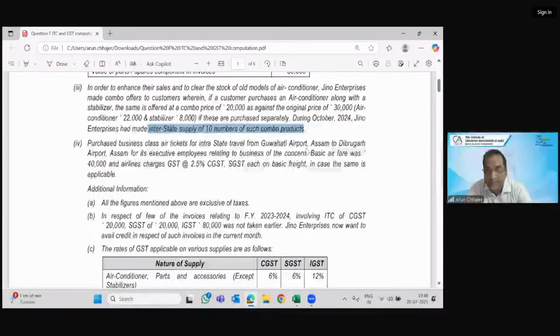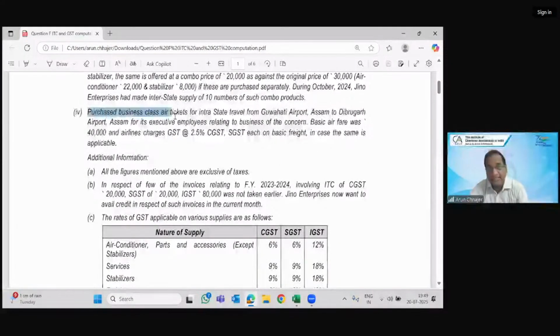Okay, let's move ahead. Purchase business class air ticket. The purchase has come, the sale discussion is finished. I think sale is completed, fine, no problem. Read the next. Purchase the business class air ticket for intra-state travel from Guwahati to Assam for executive employee relating to the business of the concern.